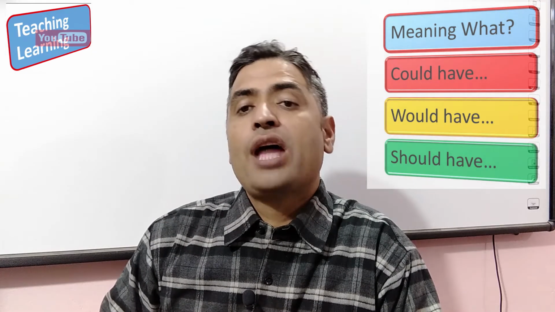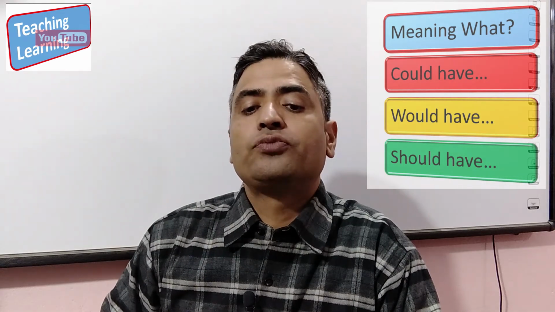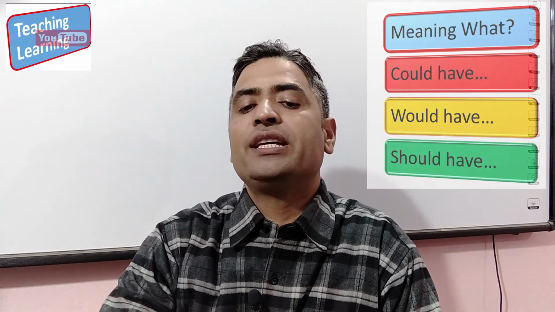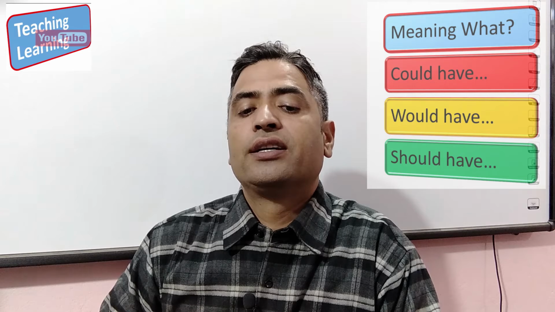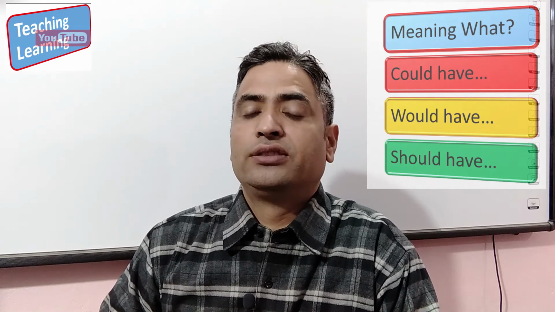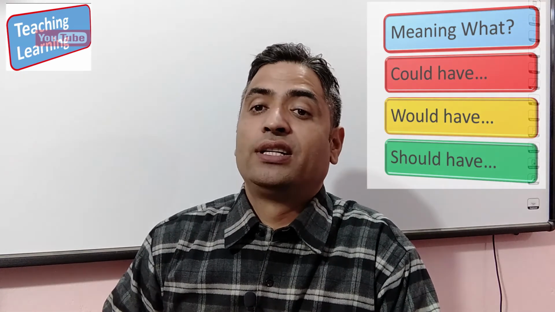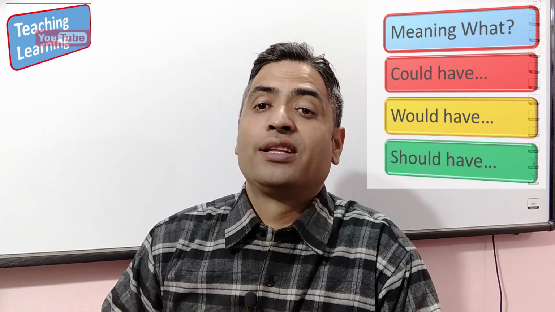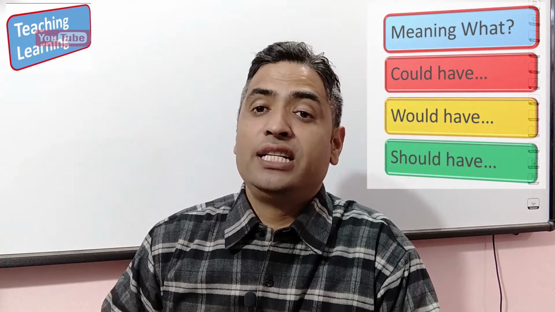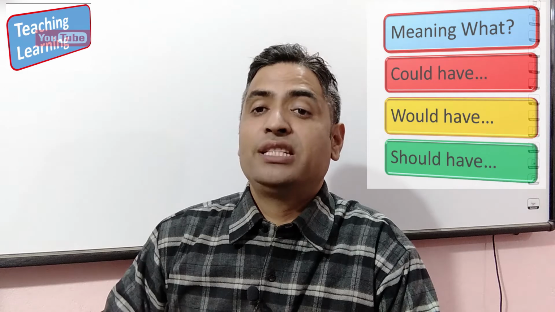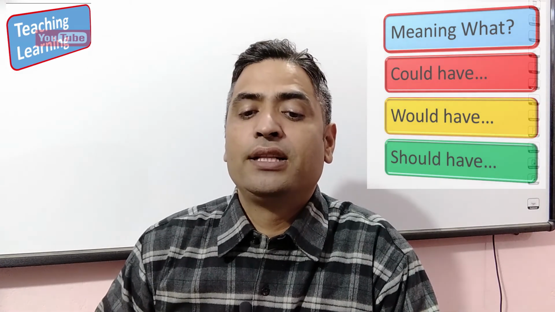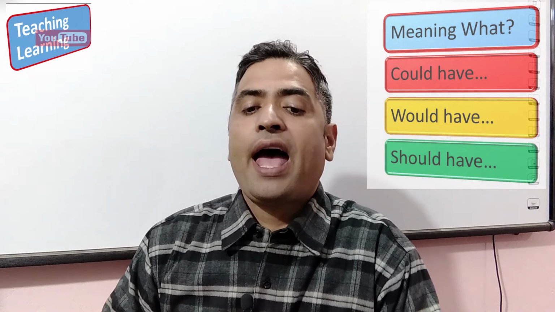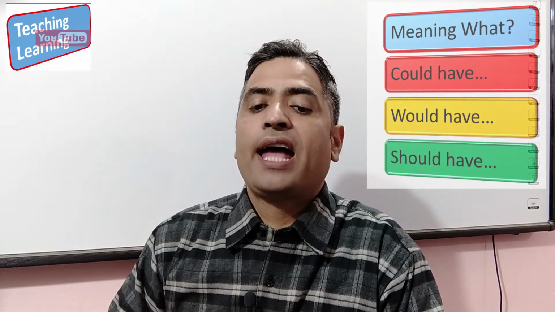Now let's move to would have. Would have is mainly used for a past unreal condition. It was not real, but it is an unreal condition in the past. Conditions we often express by using if. For example, I would have told you if I had known.